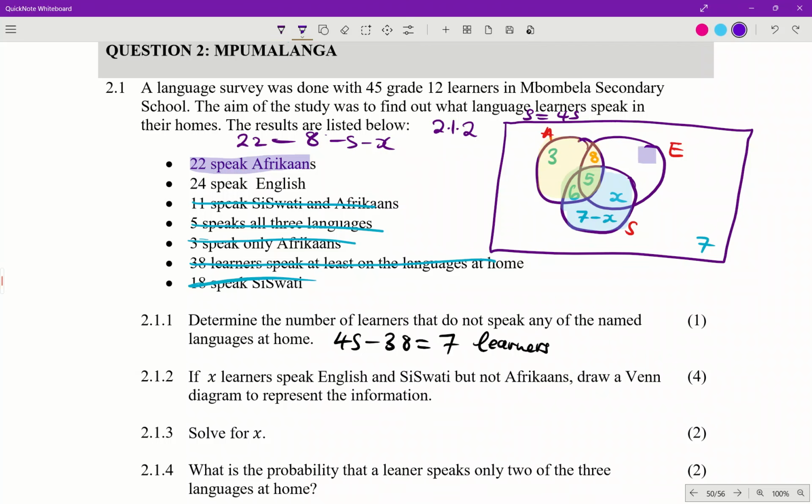Because this overall total here has to give you that 24 they're talking about. So 24 minus 8 minus 5, you see, we have 11 minus x. So here we are going to put 11 minus x. And you are done, guys.